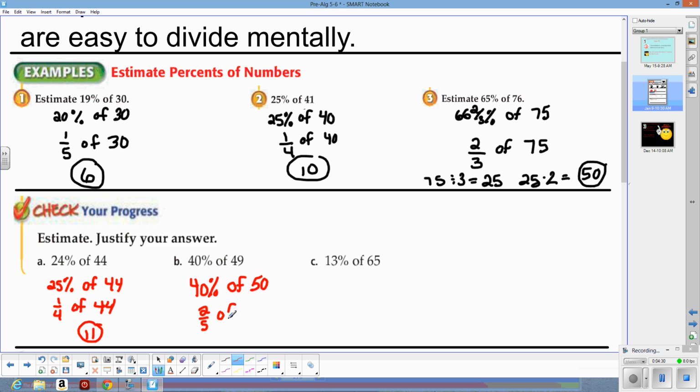So if we want to figure out 2/5 of 50, we're going to first figure out what 1/5 is. 50 divided by 5. That's going to be 10. And then since we want 2/5, we're going to take 10 times 2, and we're going to get 20 as the answer.